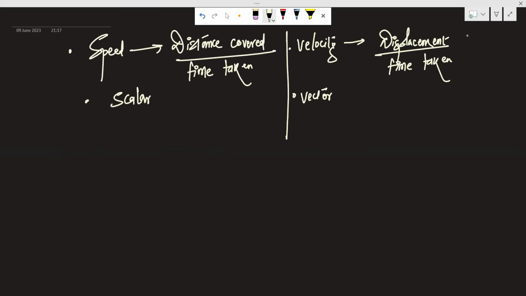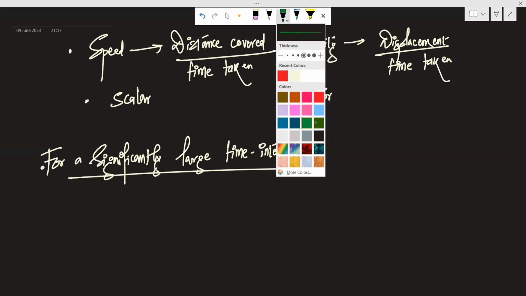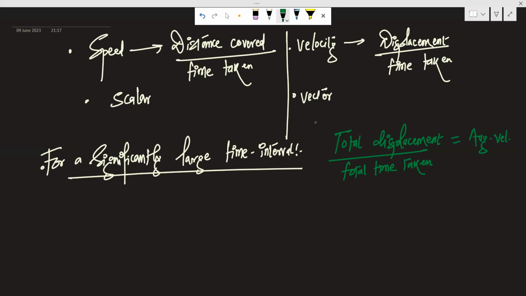Now, for a significantly large time interval, where the time interval over which we are measuring is large, like a few seconds, minutes and hours, when we find the ratio of total displacement by total time taken, that will be equal to average velocity.